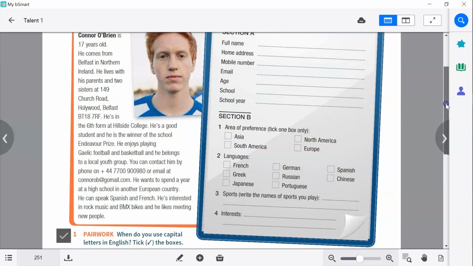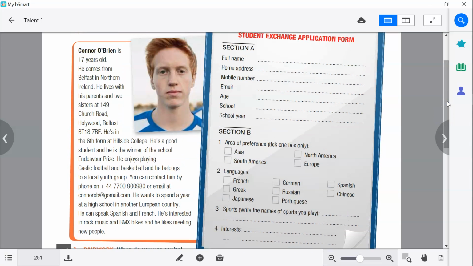Okay, first of all, Conor O'Brien is 17 years old. He comes from Belfast in Northern Ireland. He lives with his parents and two sisters at 149 Church Road, Hollywood, Belfast, BT18 7RF. He is in the sixth form at Hillside College.